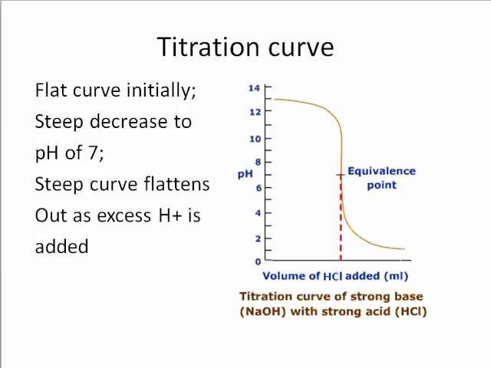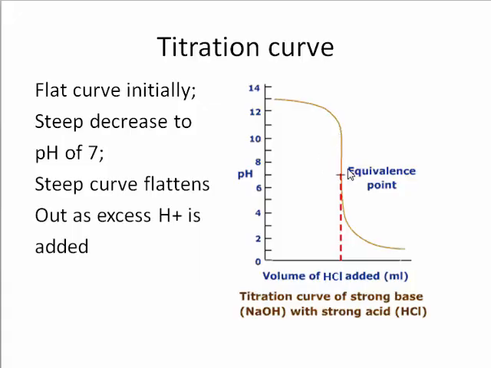Now, if you consider a titration curve for this situation, which is a graph of pH versus volume of titrant added, as our calculations have shown, the curve should be flat initially, not a lot of change in pH, but it becomes very steep as we near the equivalence point.